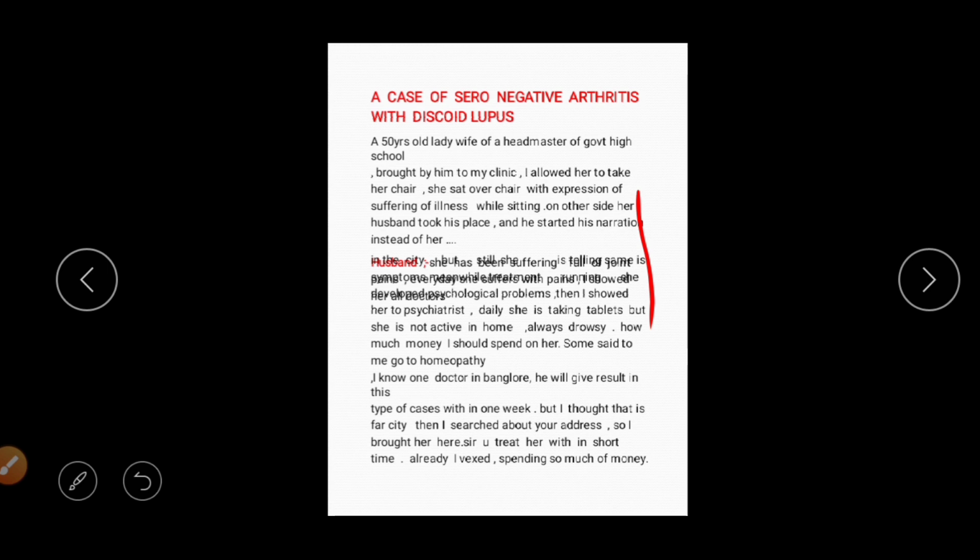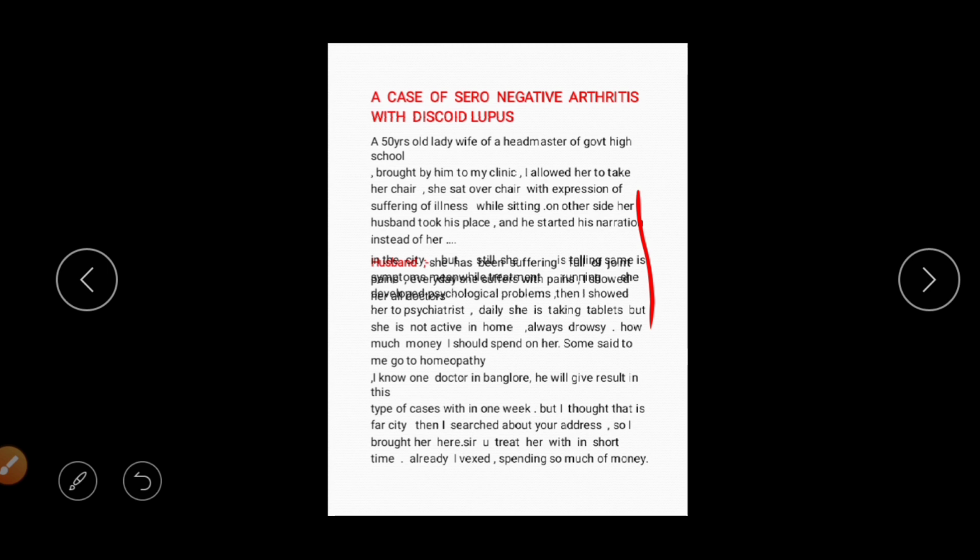After entering the clinic chamber, I offered a chair and she sat silently. Instead of her narration, her husband started the conversation.